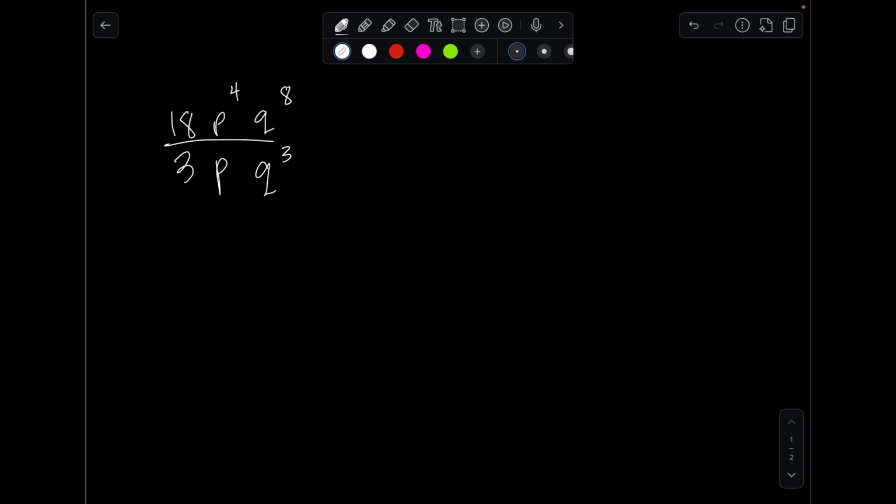So what does this mean? 18 divided by 3 is 6, right? P to the 4th divided by p. What does that mean? That means you're taking 4 p's and multiplying it to itself, divided by 1 p.